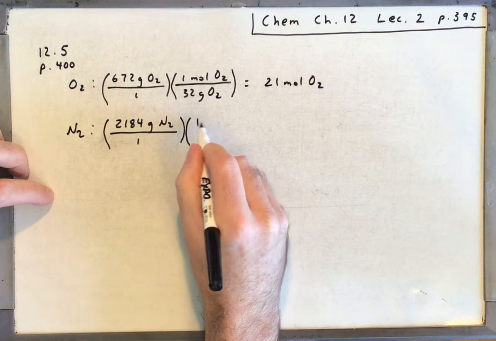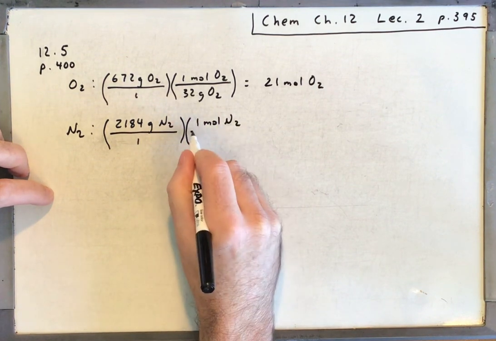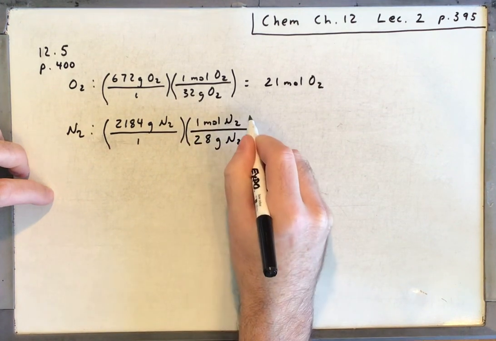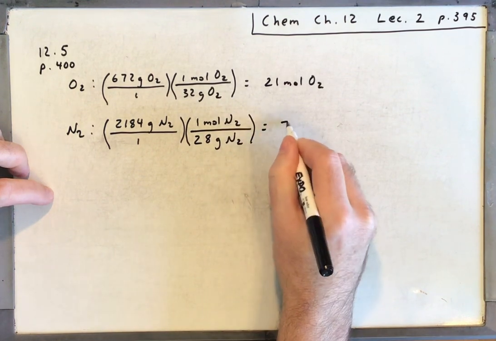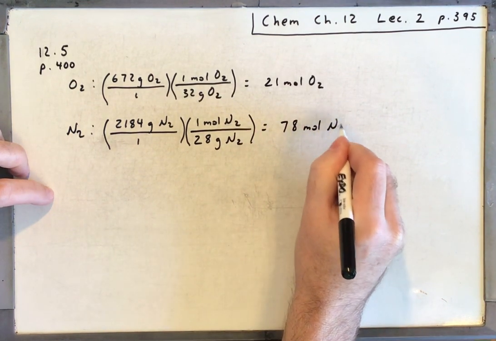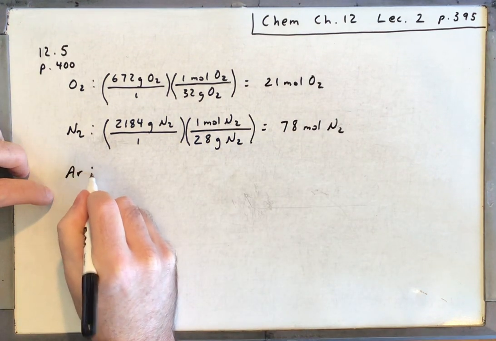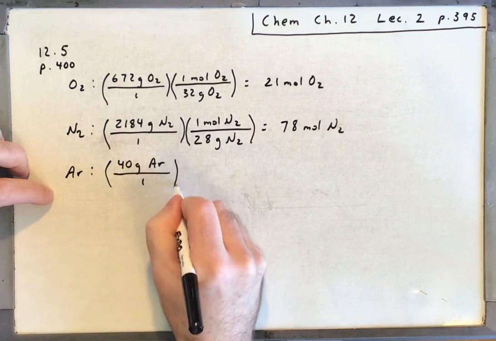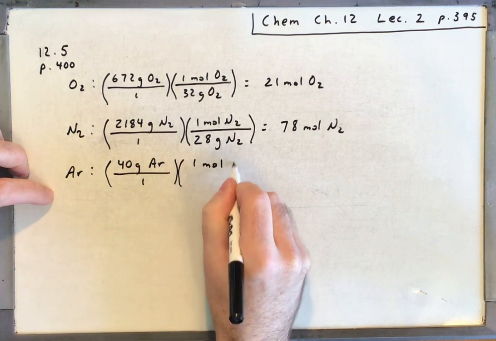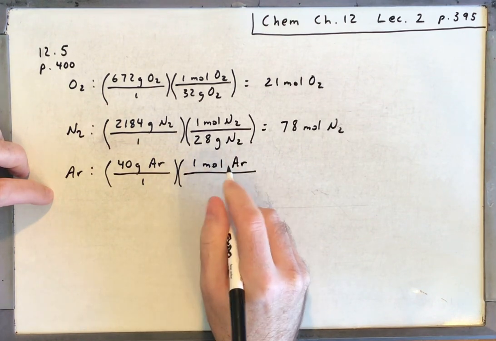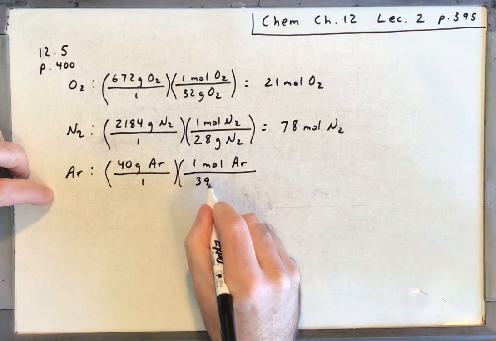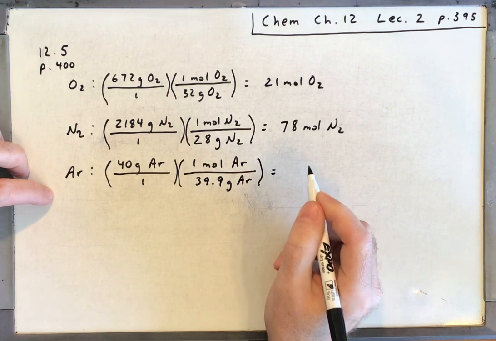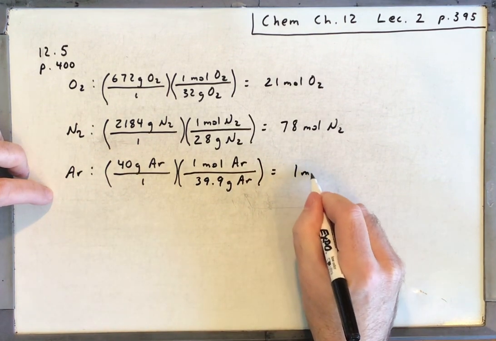We're going to change that to moles. Nitrogen, N2, is 28 grams per mole, and that's going to be 78 moles. And then for argon, the problem says we have 40 grams. Argon weighs 39.9 grams per mole if you look at your periodic table. Well, that's going to be 1 mole.